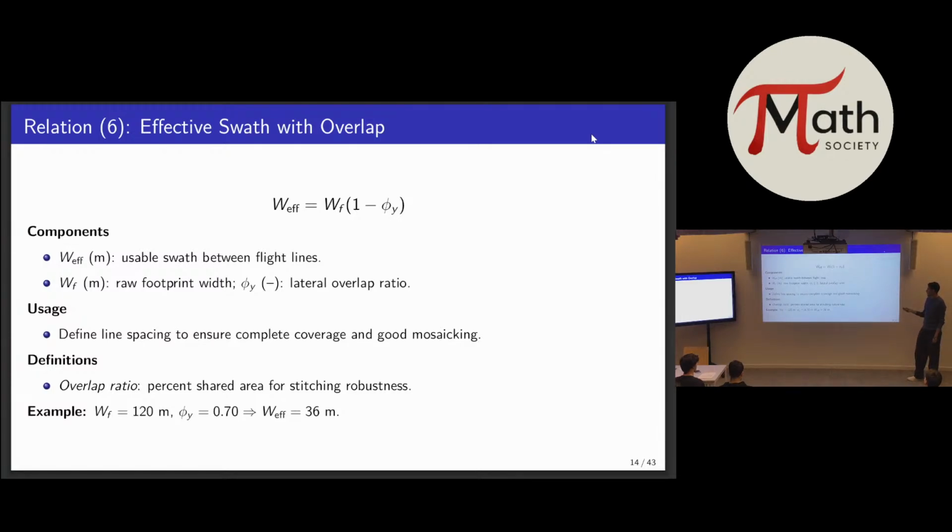After computation, we have 36 meters. So between each flight line there will be 36 meters. 36 meters, the drone goes down, 36 meters, the drone goes down, until the area is fully scanned.